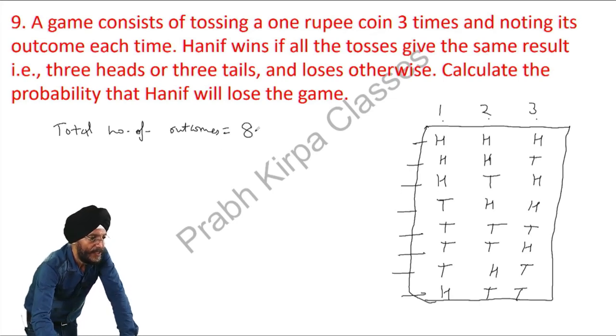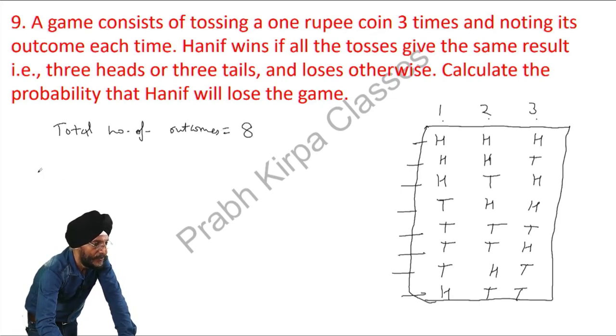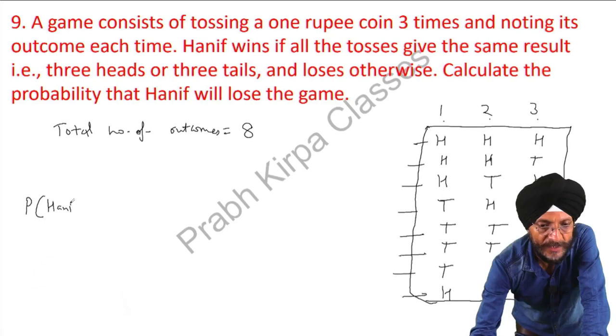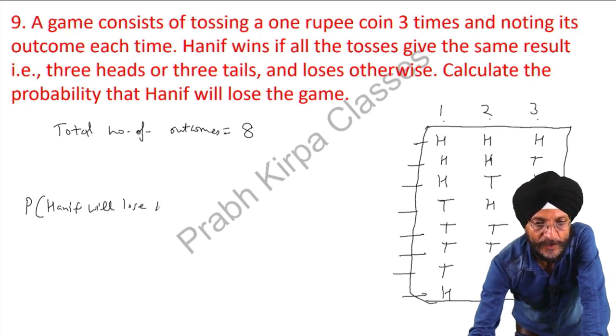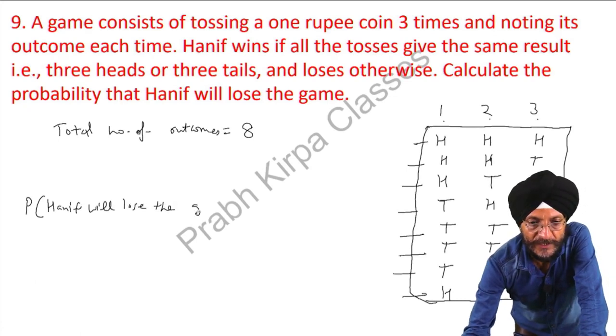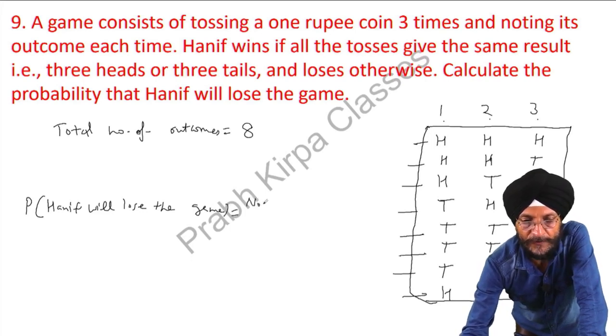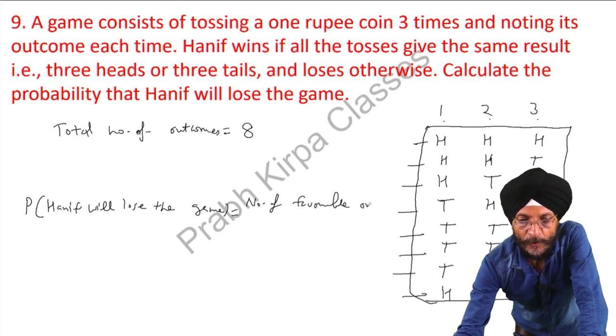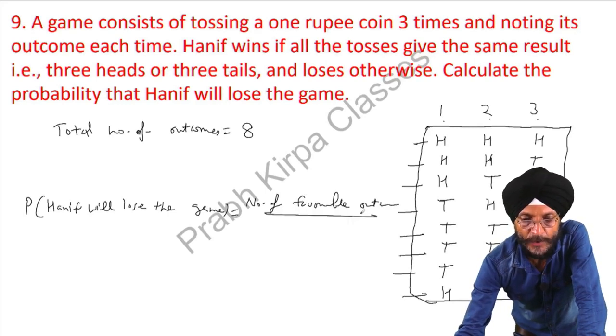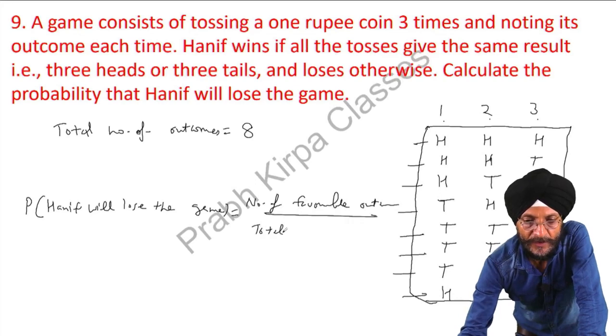So now Hanif will lose the game. We are to find out the probability. Here we are to find out the number of favorable outcomes. It is to be divided by the total number of outcomes.